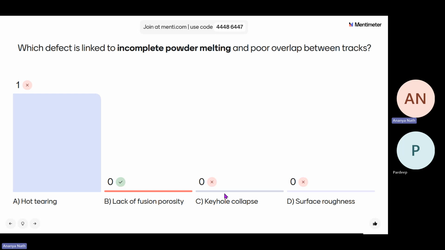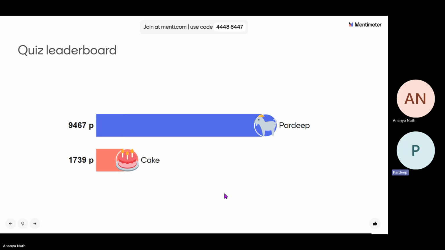So it's the lack of fusion of the tracks, the adjacent tracks. They are not fusing properly because maybe their overlap percentage is not good. So that's why they are having porosity in between. So that's why they are having the incomplete powder melting and poor overlap. Overlapping.